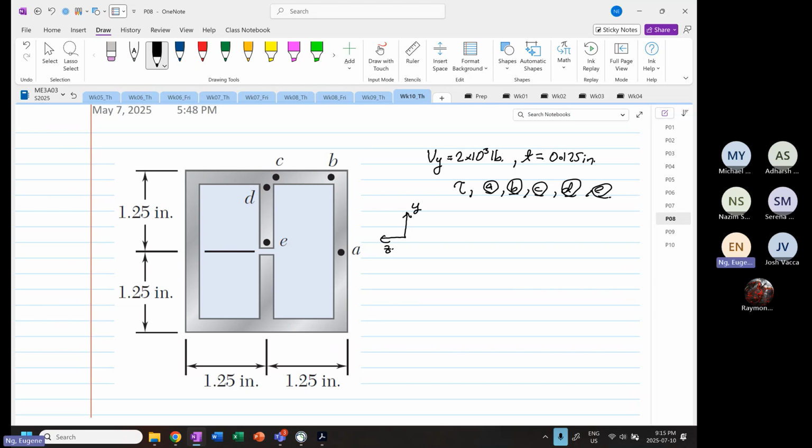So now we find our major web, I like it in yellow. That's our major web, and then we draw our shear flow.